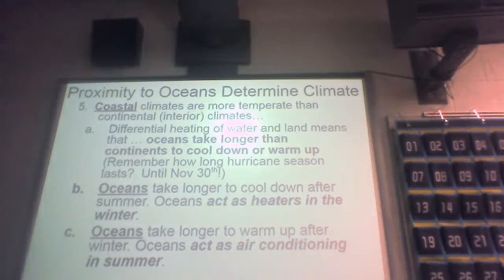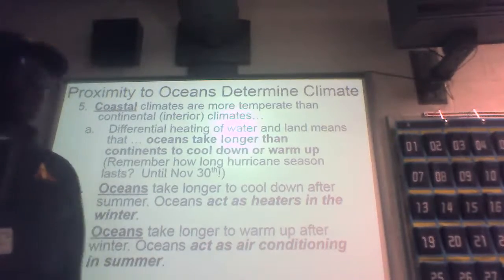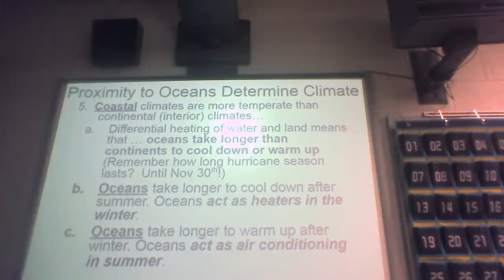Okay. Now, for this one, I want you to record points B and C in your notes. A is good information because it tells us that oceans take longer than continents to cool down or warm up.